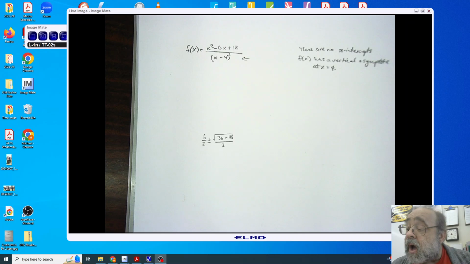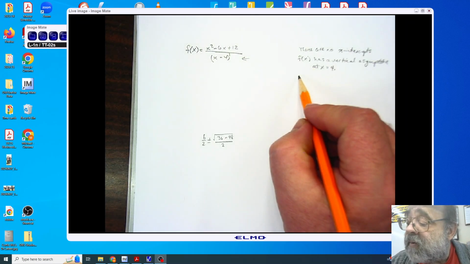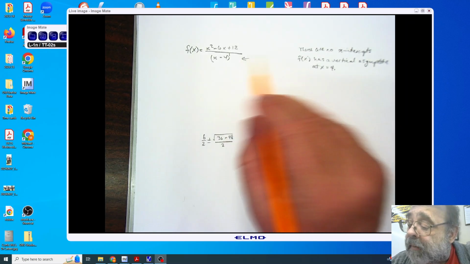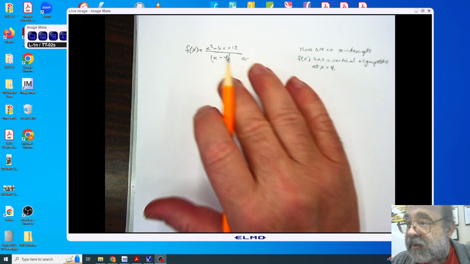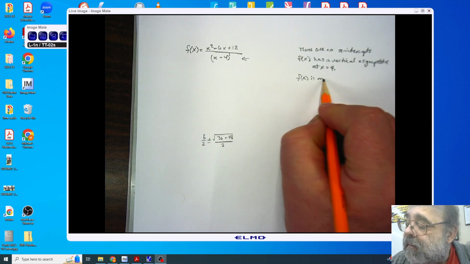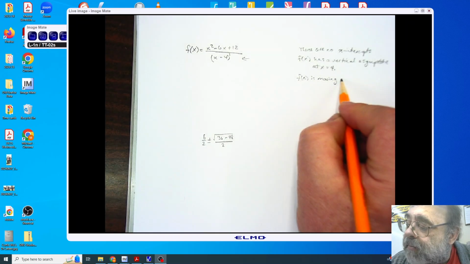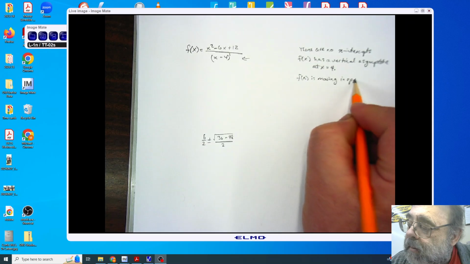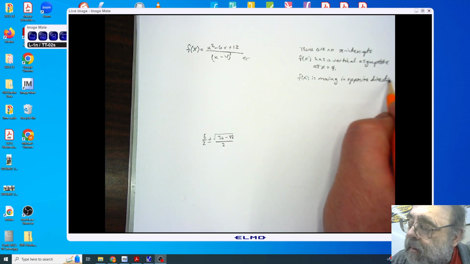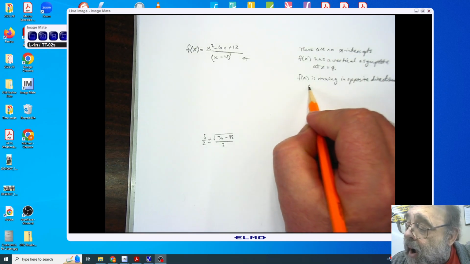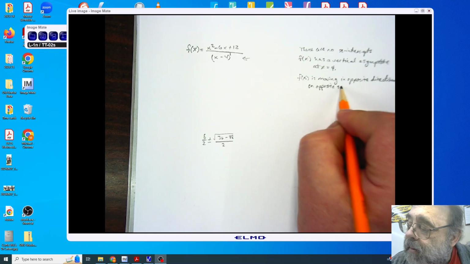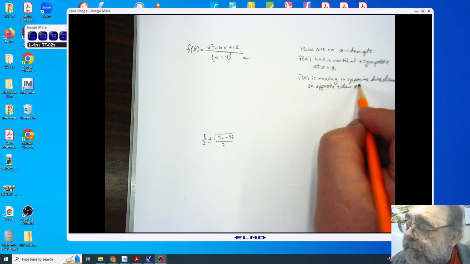Now we can see that the order of this factor in the denominator is odd, so we know that f of x is moving in opposite directions on opposite sides of the pole, or of this asymptote, because of the order. So f of x is moving in opposite directions on opposite sides of the asymptote.